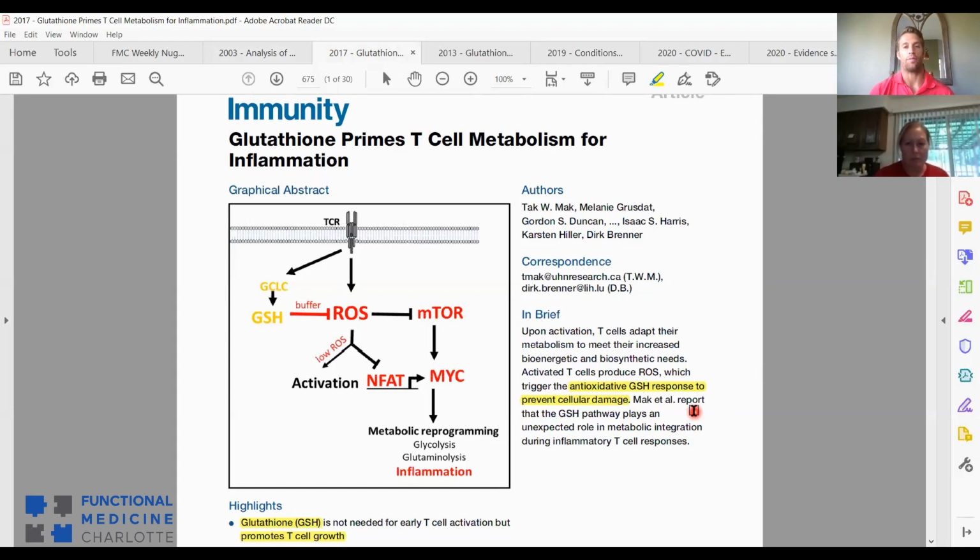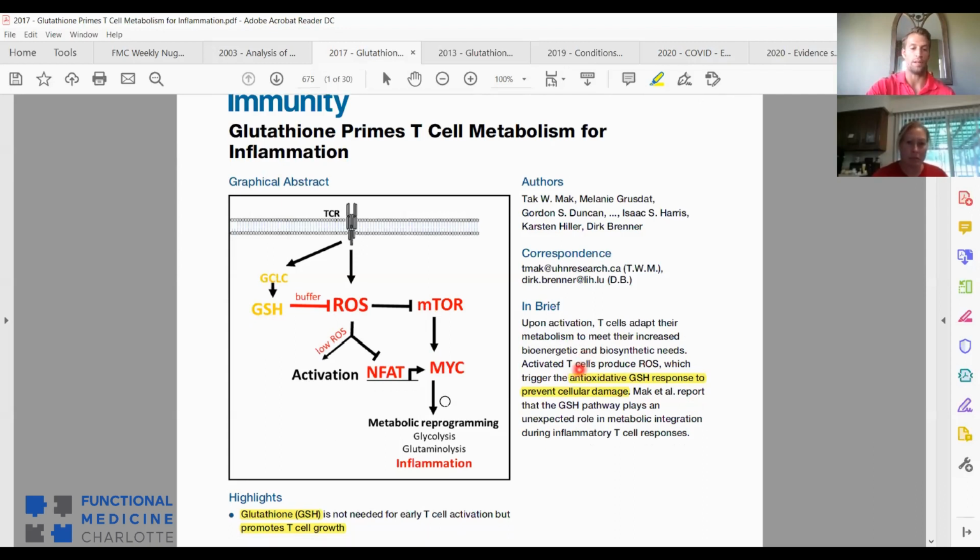And so if they overproduce, or they continue to produce after the infected cells are destroyed, now they could be damaging self-tissue. So glutathione is there as an antioxidant to be our anti-rust molecule, or stop the oxidative stress once we've done the sufficient job of clearing infection.